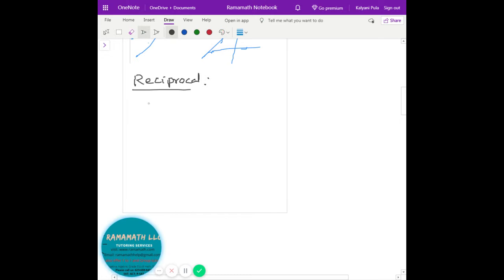Let's say I take 3 over 2, the reciprocal is 2 over 3. Okay? And if I have just a 3, any number, you can write it over 1, so its reciprocal is going to be 1 over 3. Okay? Make sense?